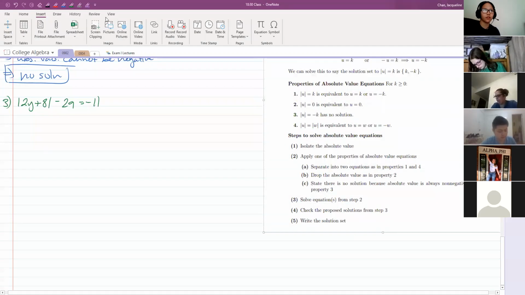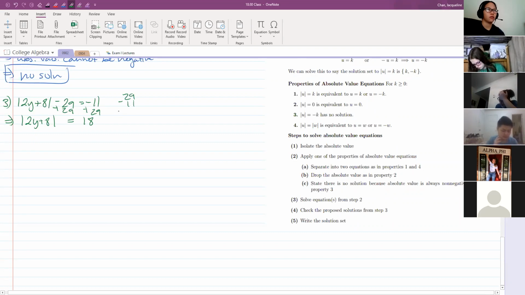So again, what do I do first? Add 29 to both sides. Perfect. Then I get this absolute value of 2y plus 8 is equal to... what's negative 11 plus 29? 18. Perfect.